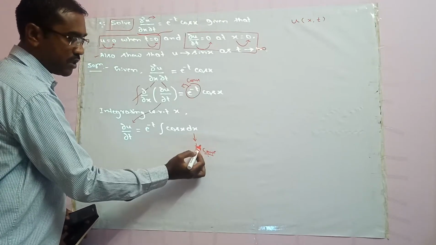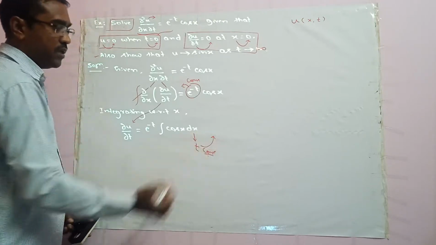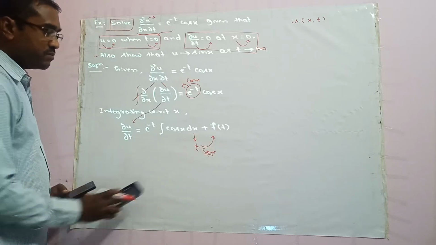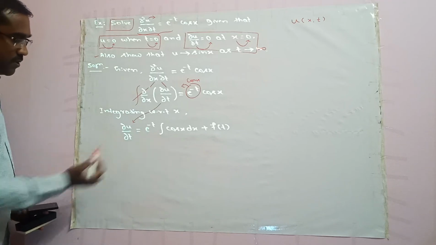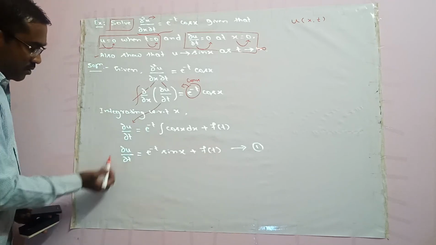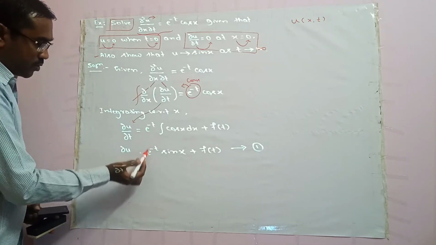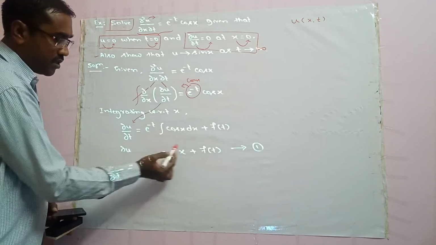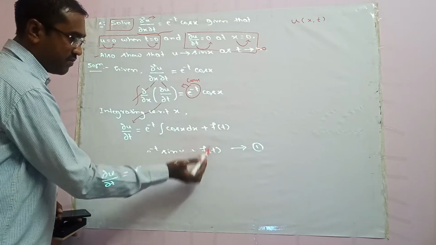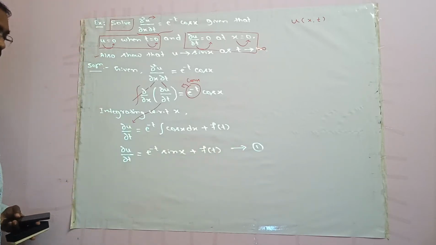So our integration constant will be in terms of t, that is f of t. Now let us simplify this. Dou u by dou t as it is, e to the power minus t as it is. Integration of cos x is sin x plus f of t. Call it equation number 1.